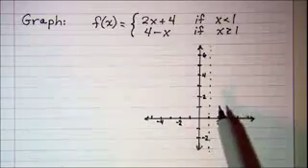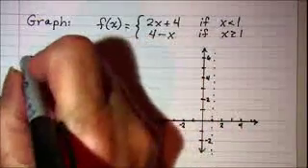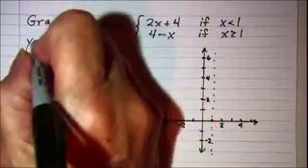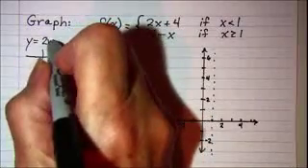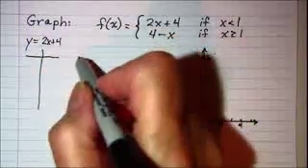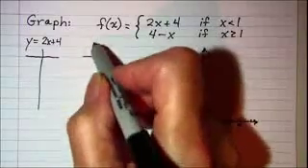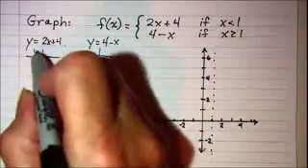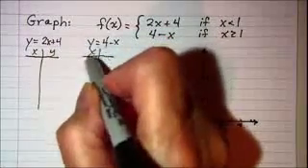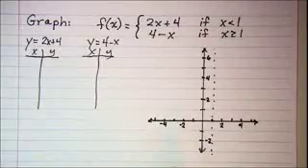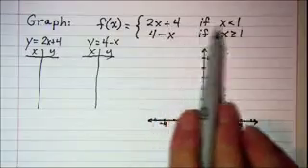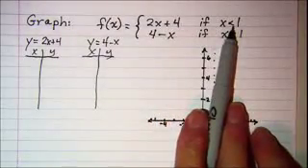Now what I'm going to do is make a t-chart, and then I'm going to use this t-chart with y equals 2x plus 4, and then I'll make another t-chart with y equals 4 minus x. So for the y equal 2x plus 4, which is the top function, my x values have to be less than 1.